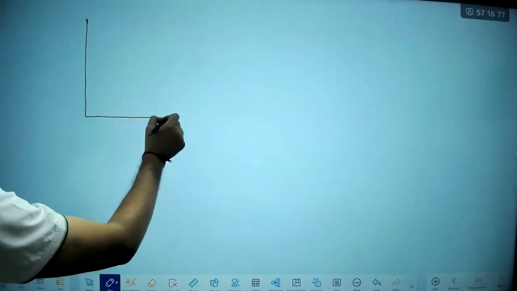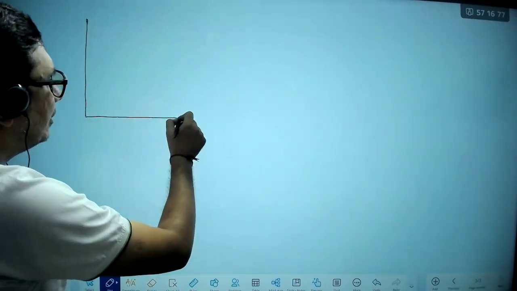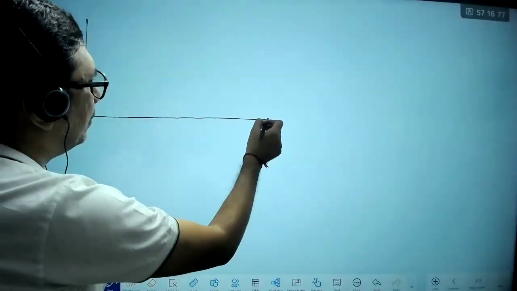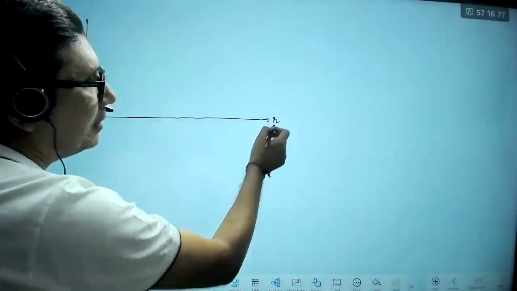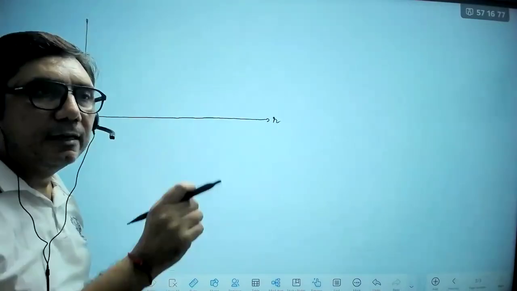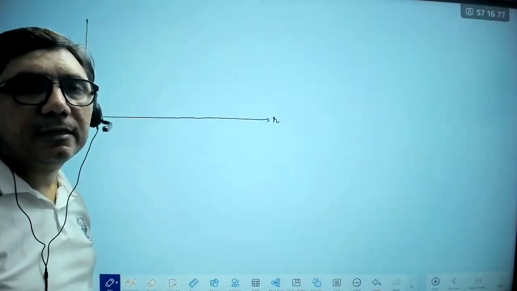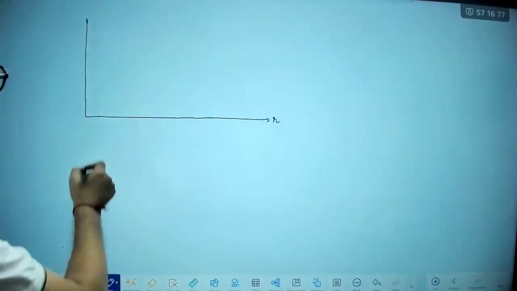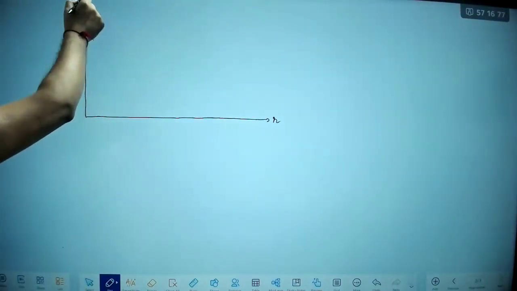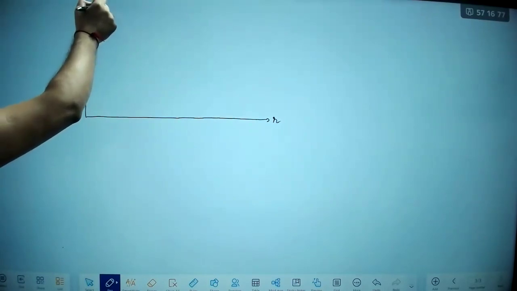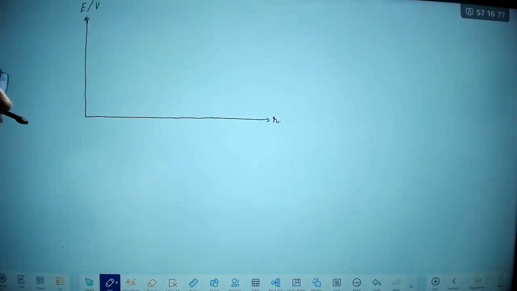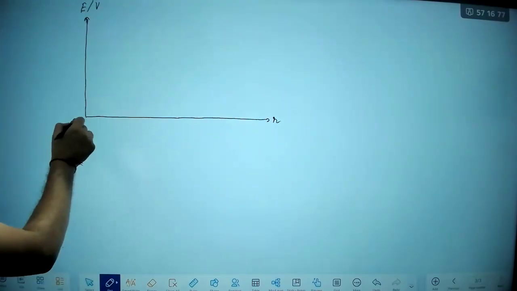Just 1 second. So if I plot this potential here as a function of R, the potential is varying as 1 by R. On this side, I am having energy, or I can have potential energy if required. Another type of energies may be there. This is 0 here.